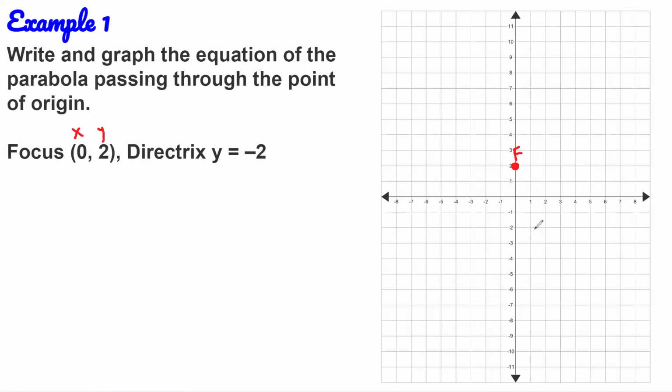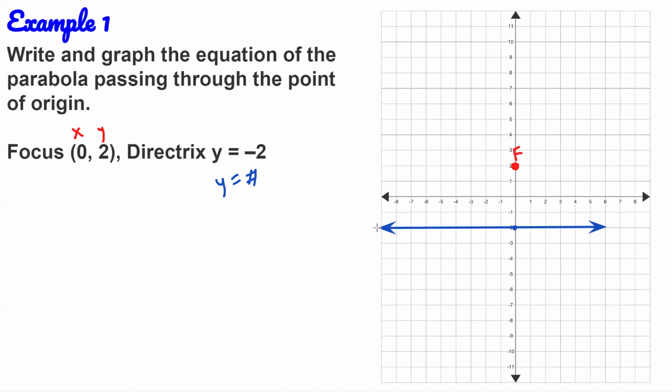Now, I said that I have a line called a directrix. And in this case, it's the line y equals a number, -2. So it doesn't matter what my x value is, my y value is always going to be at -2. So is it going to be a vertical line or a horizontal line, guys? It's going to be a horizontal line.